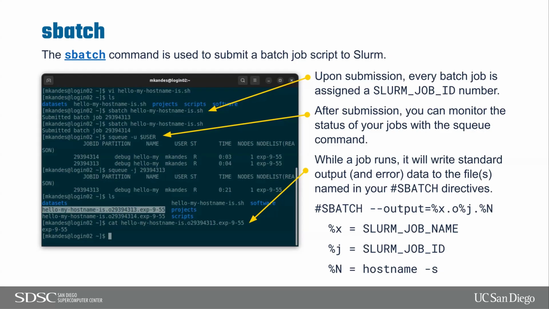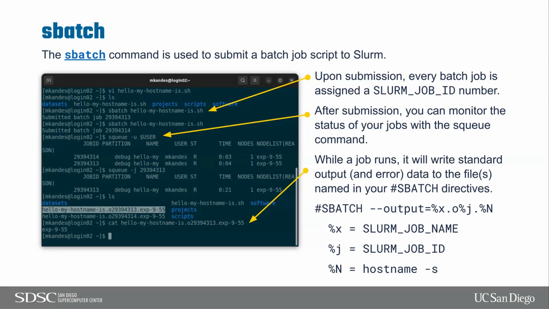We don't know what job ID you're talking about when it failed, so it's hard for us to look things up. This is just a key piece of information to keep track of when you're running jobs on the system. So your Slurm job ID.